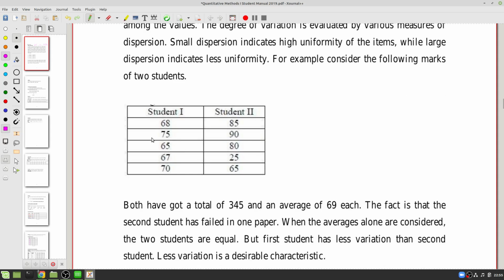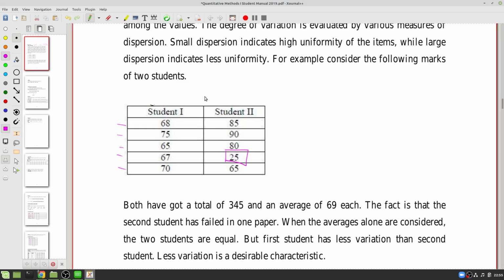Consider the following two students, student 1 and student 2. These are marks they scored in tests: test 1, 2, 3, 4, and 5. If we just look at the data, what's your gut instinct? All these values look fairly close together, and so do these, except for this outlier.